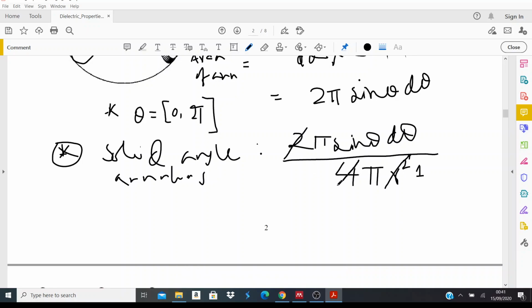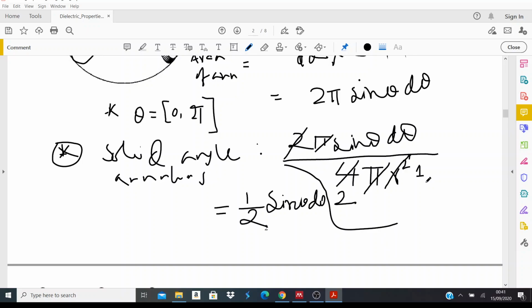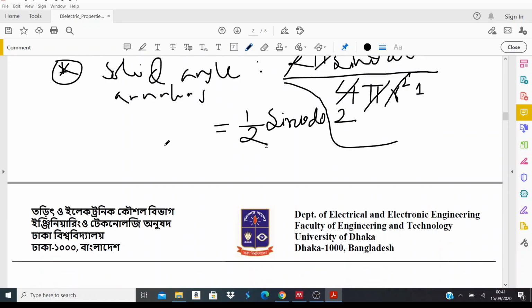And then we have a factor of 2 here, and the pi goes out. So the solid angle subtended by the annulus is nothing but half sine theta d theta, right? I think up to now I have made clear what I am explaining here.